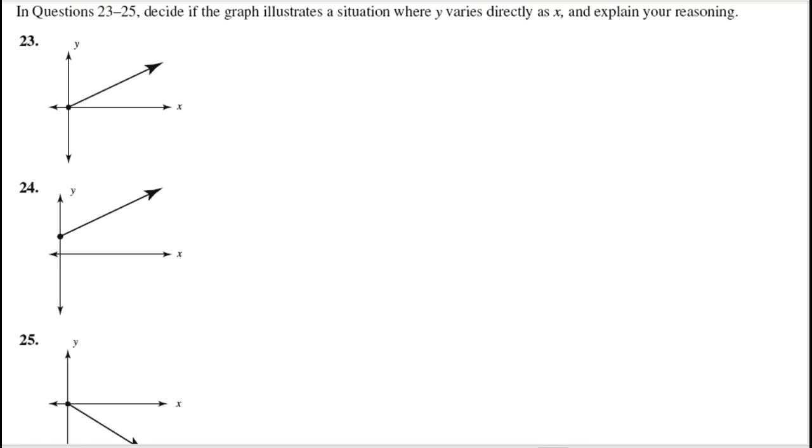So in question 23, it varies directly. Question 25, it varies directly.